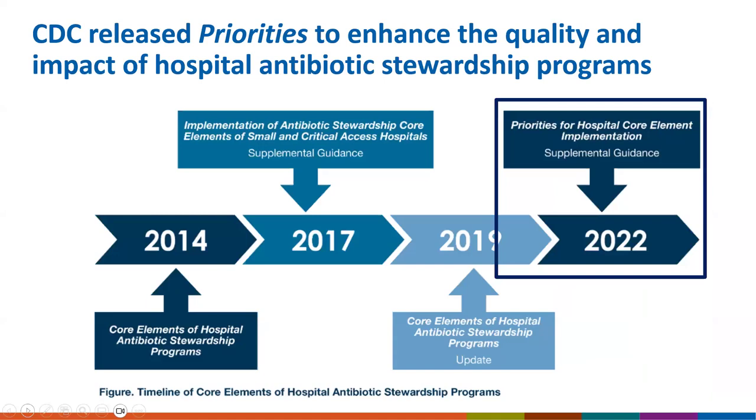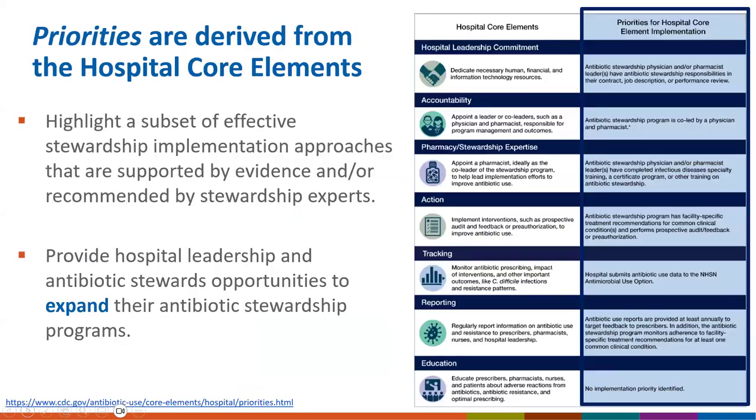The priorities are derived from the hospital core elements, and they highlight a subset of effective stewardship implementation approaches that are supported by the evidence or recommended by stewardship experts. They provide hospital leadership and antibiotic stewardship programs opportunities to expand their stewardship activities.